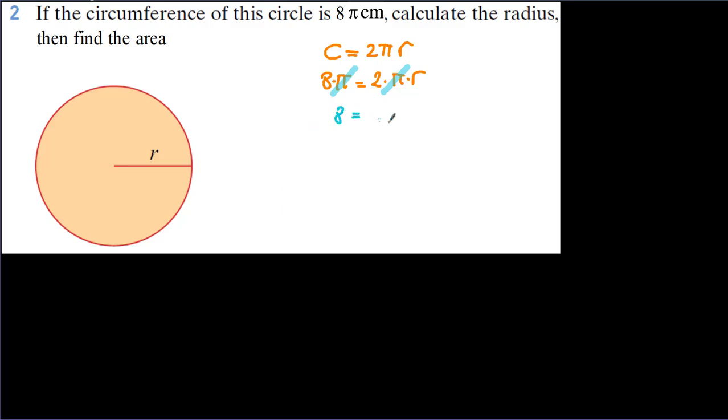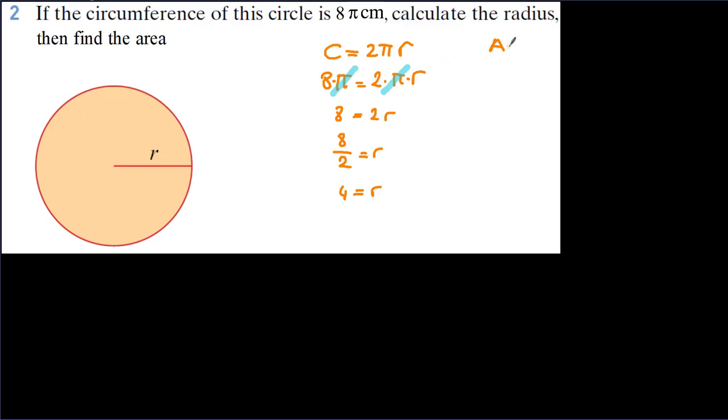We are going to find 8 is equal to 2r. Then 8 over 2 is equal to r. And 4 has to be equal to r. So when we find r, we can find the area, because the second part of the question is the area.